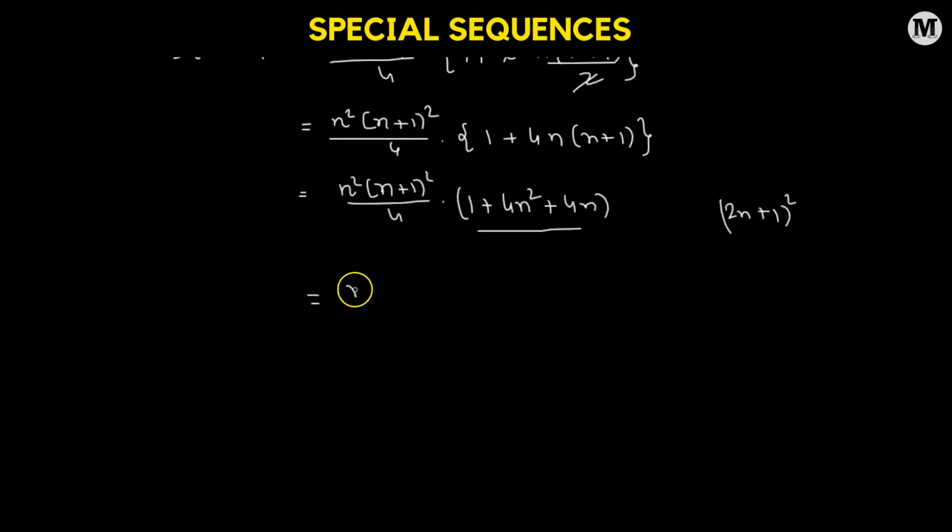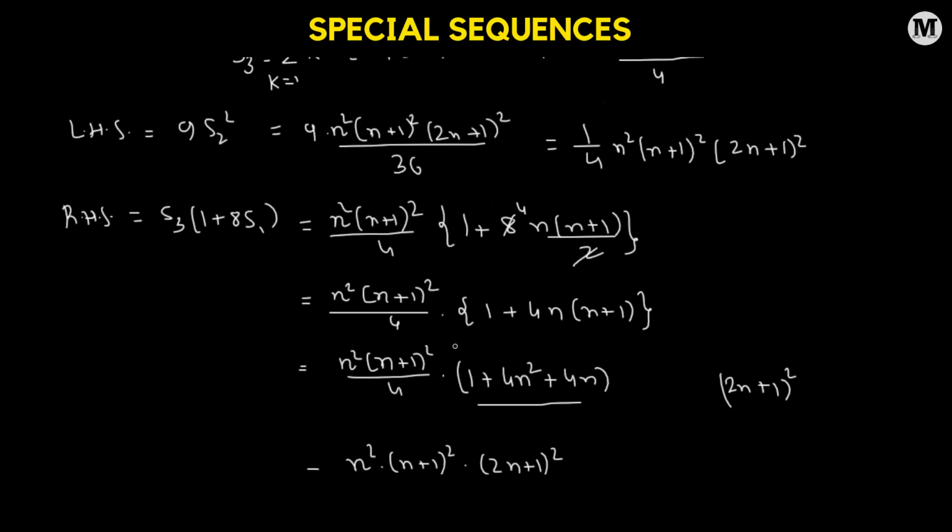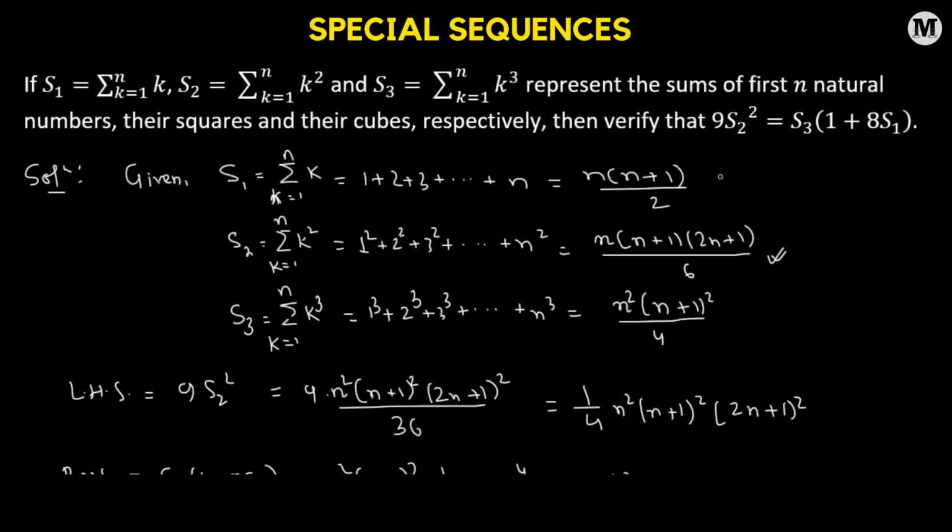That means we now have n squared multiplied by n plus 1 whole squared multiplied by 2n plus 1 whole squared divided by 4. Let's compare it with the left hand side. This is exactly what we are getting. So this proves that 9 S2 squared equals S3 times 1 plus 8S1, where S1, S2 and S3 represent the sum of first n natural numbers, their squares and their cubes respectively.